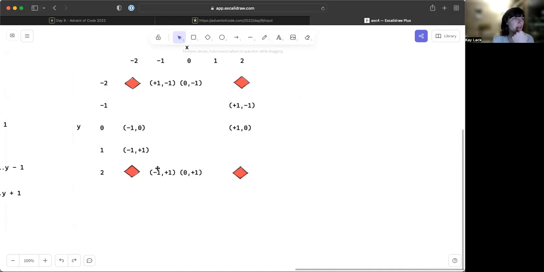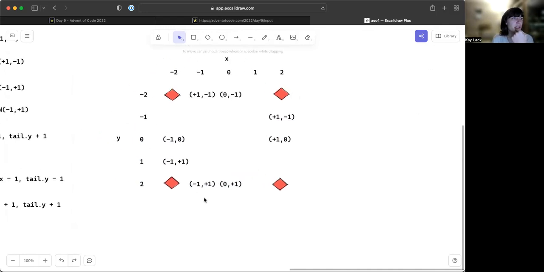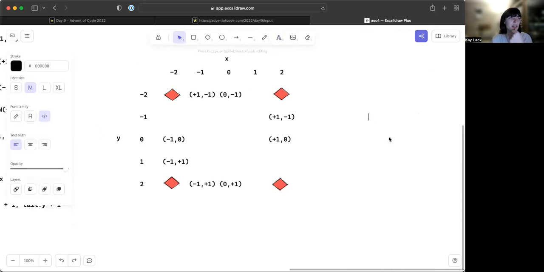And this is the situation in which we've got h at -1, minus 2. It's actually 1, 0, 1, 0, 1, 2, 3, 4. 1, 2, 3, 4.